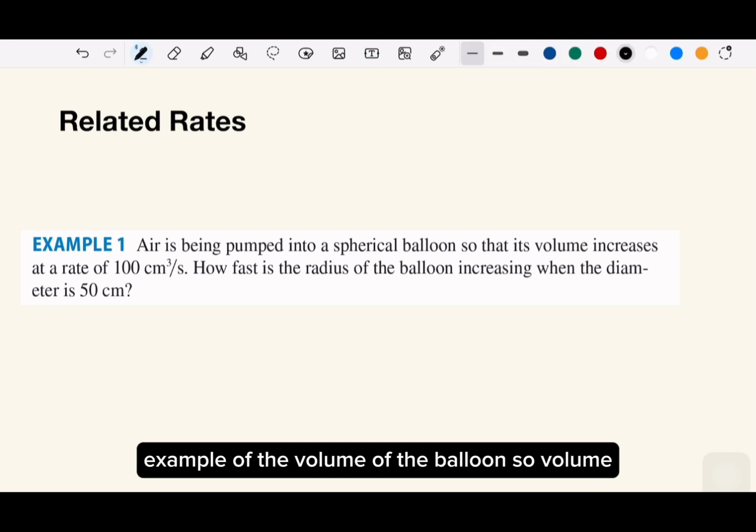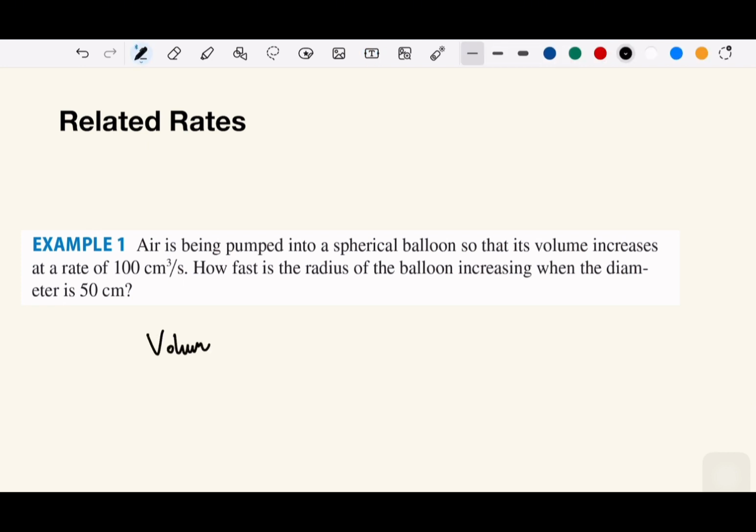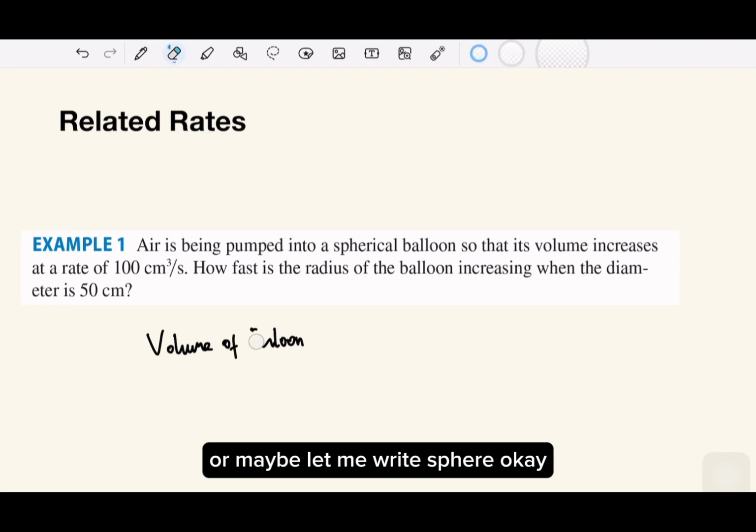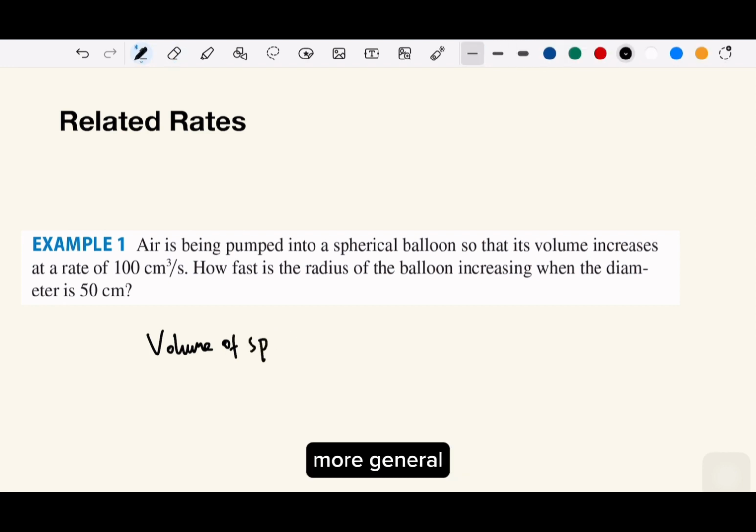So we need to take the example of the volume of the balloon. Or maybe let me write sphere, more general. It is 4/3 pi r cubed.